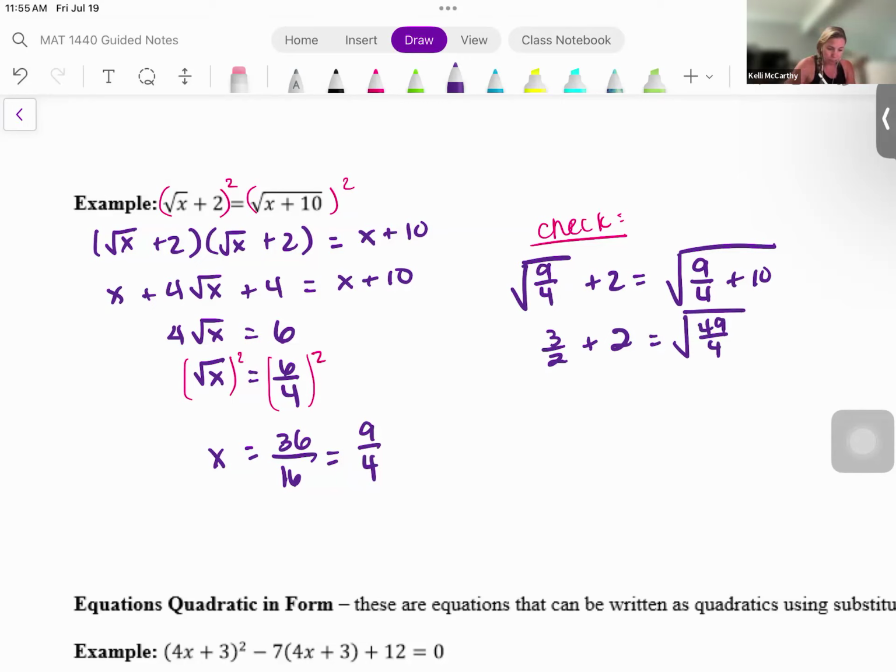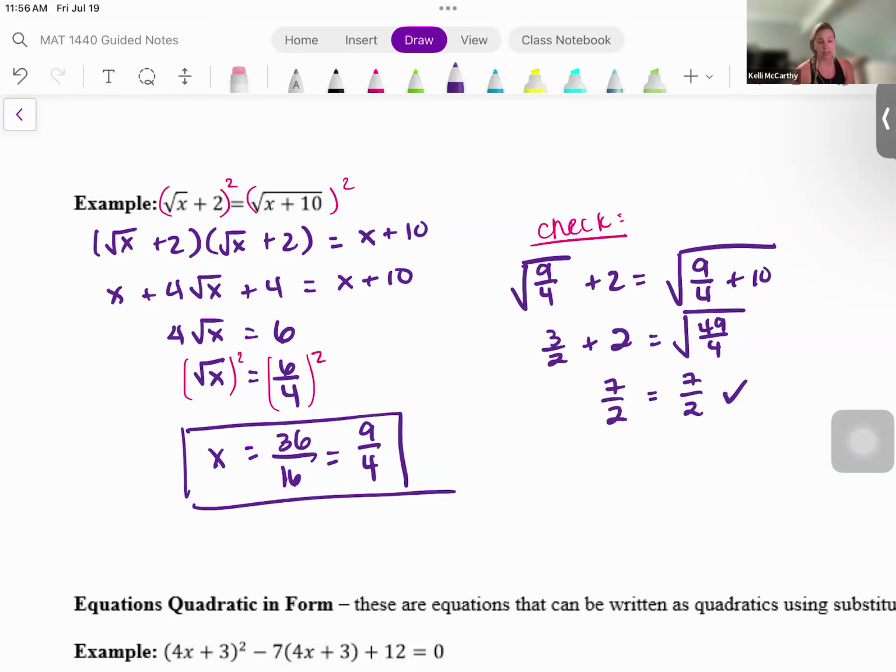Looking at the left-hand side, 3 over 2 plus 2. This is, if we get a common denominator, going to be 7/2 equals, and now the square root of 49/4 is 7/2. So that solution is correct and not extraneous.